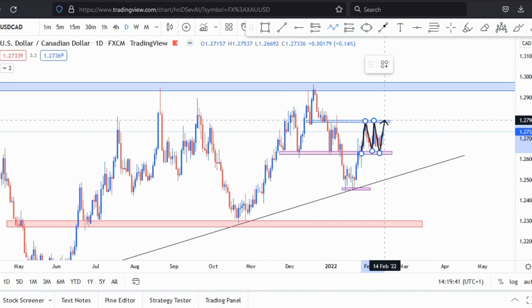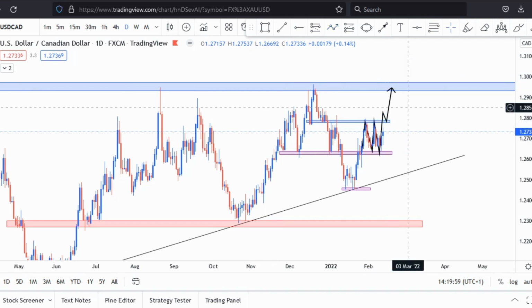So what I'm expecting is a breakout of this resistance area on this 4 hourly resistance that you will see on the 4 hour time frame later on, and price coming back down to retest this level, then all the way back to this resistance level where I expect price to get to.